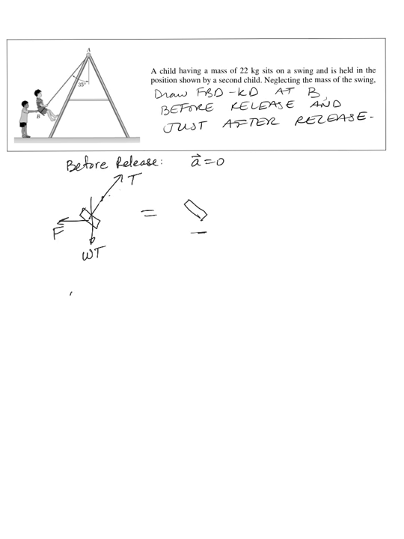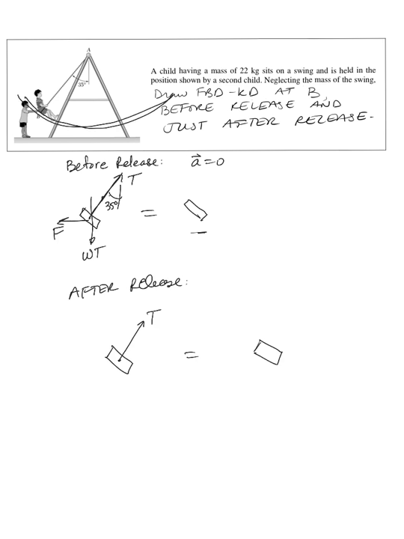So just after release, I'm going to go ahead and draw the, I guess I should be even better here, that's 35 degrees up there. It's obviously going to come into play here a little bit more. Now I've got movement on this circular path.